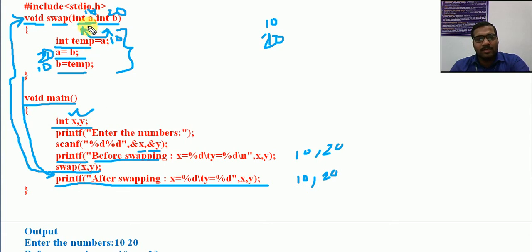It is assigned to a. Similarly, this y value will be copied into this b. A copy is passed to this area. Just remember, a copy of this one is passed, not exactly this one. A copy is being passed, that copy is being processed, and the copy is being swapped.